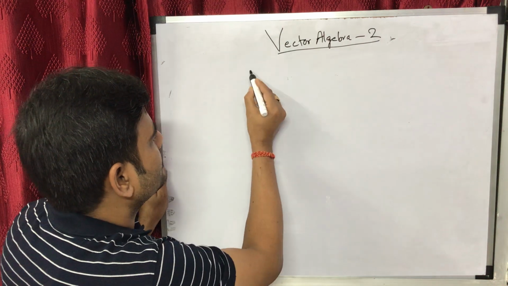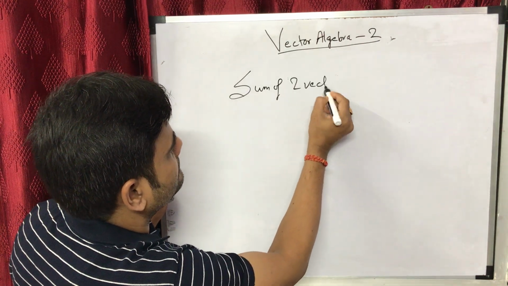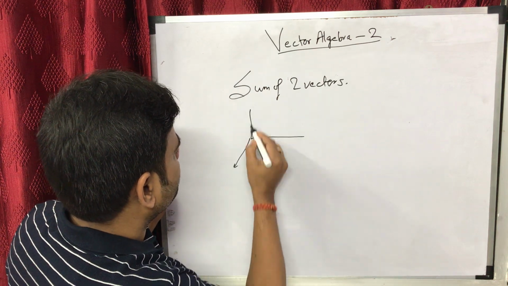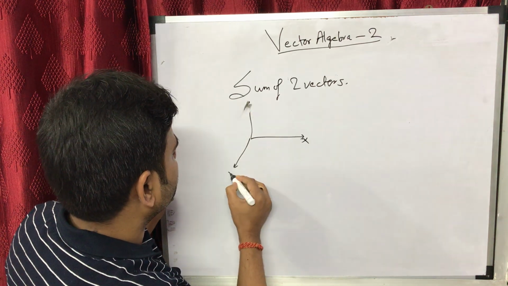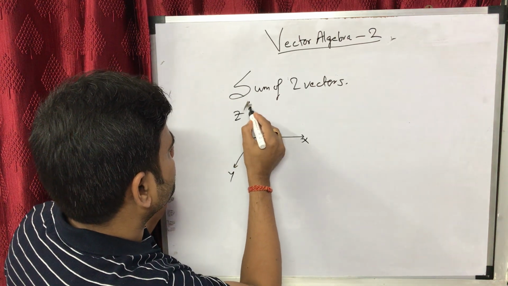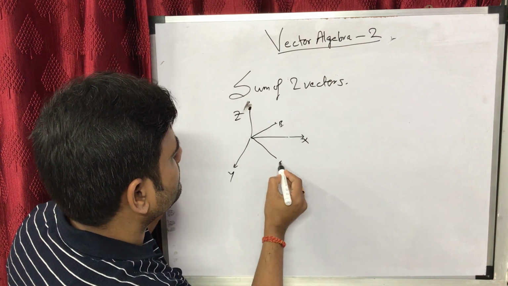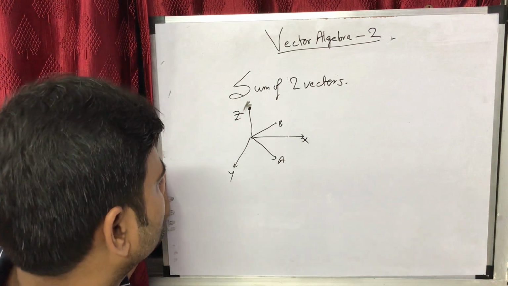So, sum of two vectors. Say x, y, z. So we have a point called B, we have a point called A, two vectors.